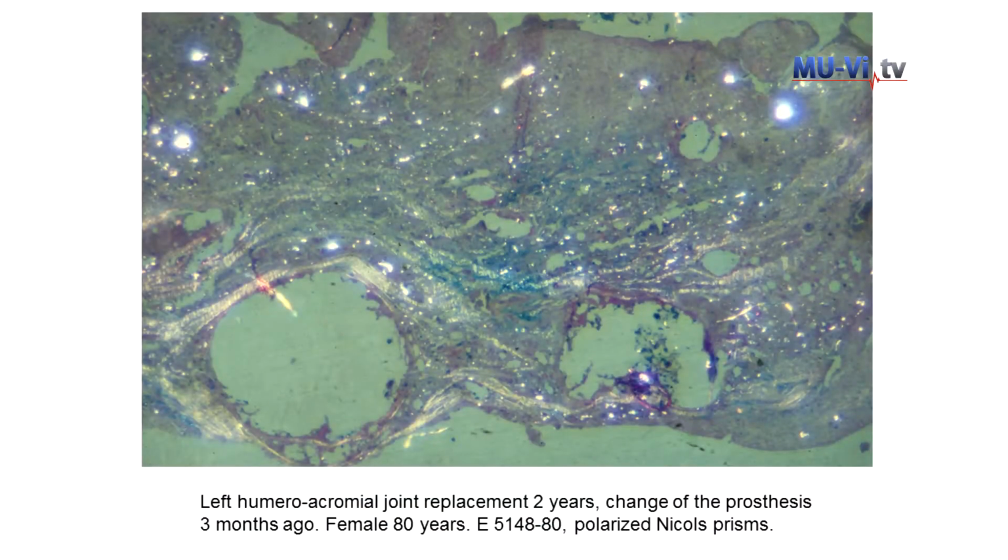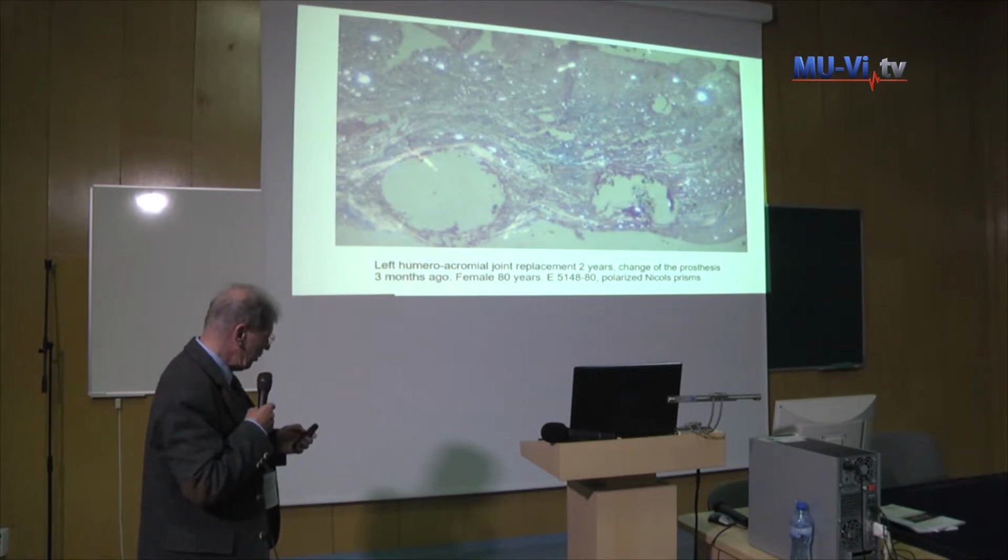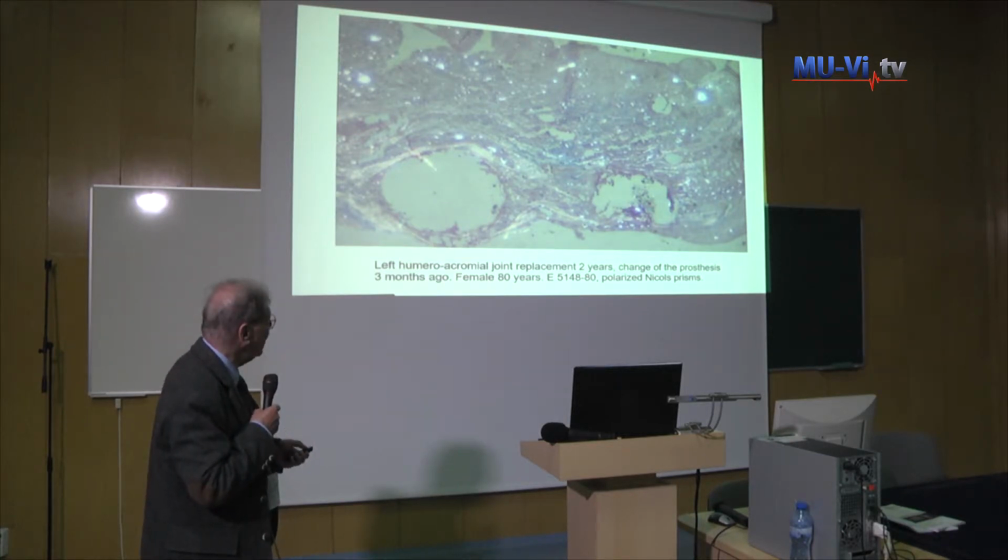This is another case where we have an implant in the left humeroacromial joint. The replacement was 2 years ago, and the change of the prosthesis 3 months ago in an old person, and the picture was taken with polarized Nicol prisms.